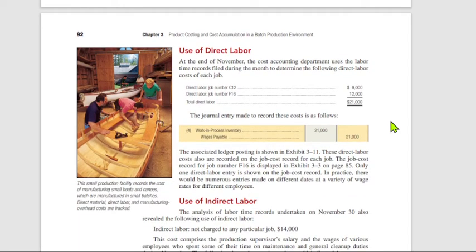What about the direct labor? We debit work in process inventory, and then we credit wages payable. Normally, yung wages payable, kumbaga, we accrue our labor. And then eventually, yung wages payable na yan will be paid. Debit wages payable, credit cash, okay?